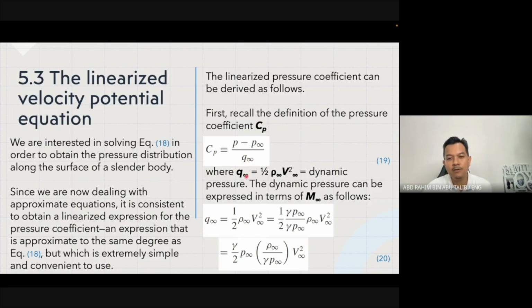Q infinity is equal to half rho infinity times the velocity squared V infinity. So the dynamic pressure can be expressed in terms of the free stream Mach number as follows. So you can express the dynamic pressure components as equation 20 down here.